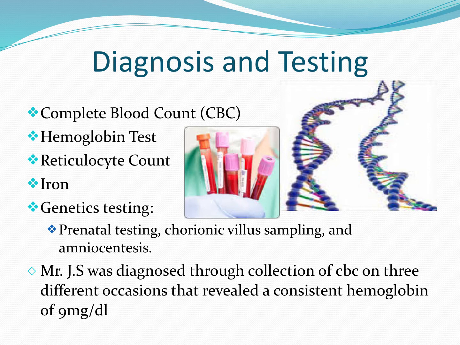Of course, my patient, Mr. JS, did not have any of the above, except he was diagnosed for his condition on three different occasions when he had CBC collected from him. And on those 3 different occasions, his level of hemoglobin was always stable at 9 milligrams per deciliter of blood.